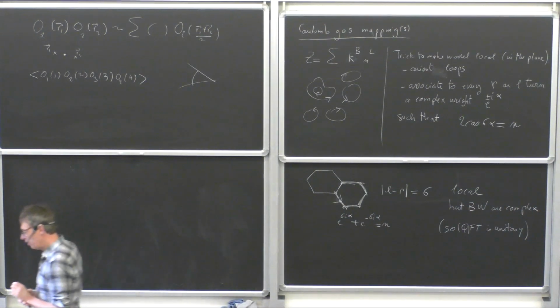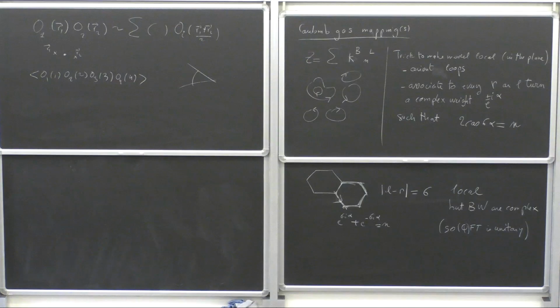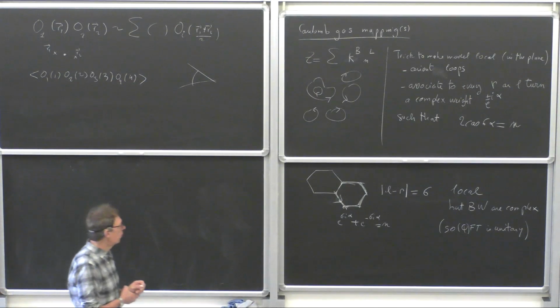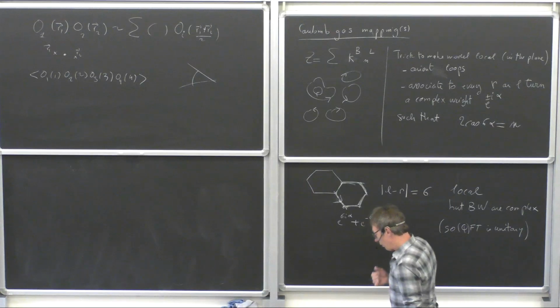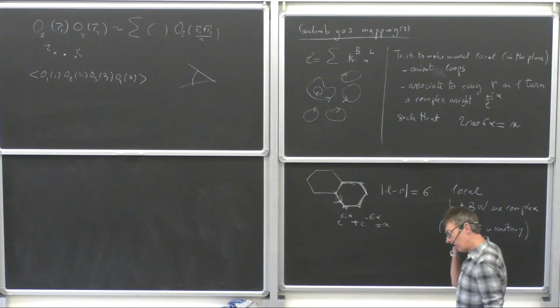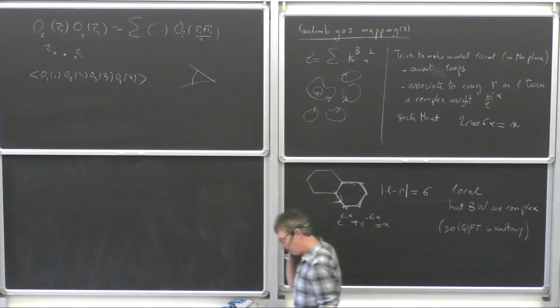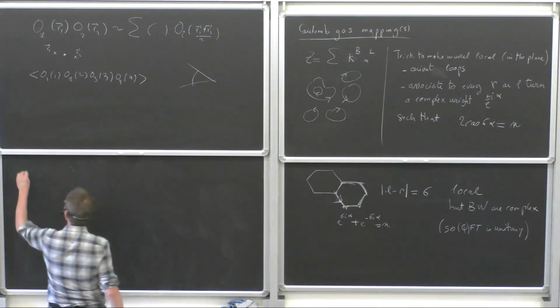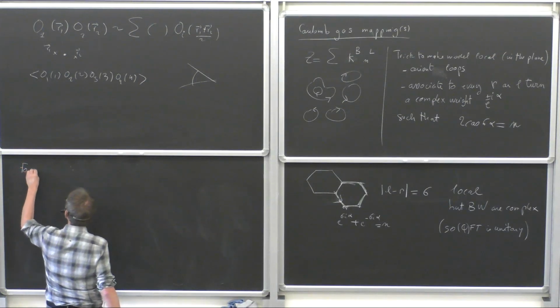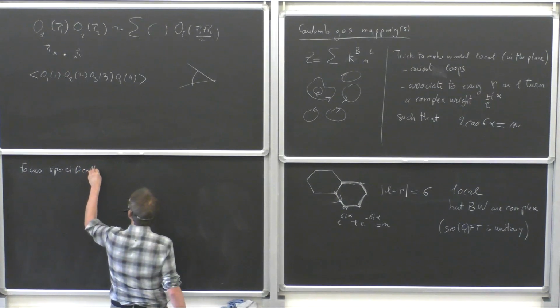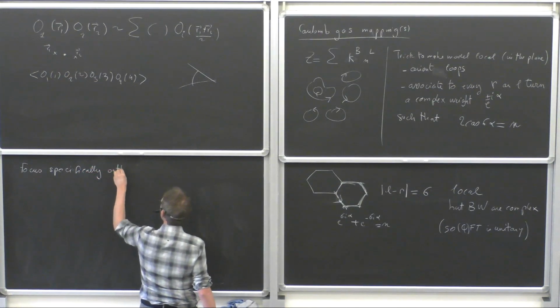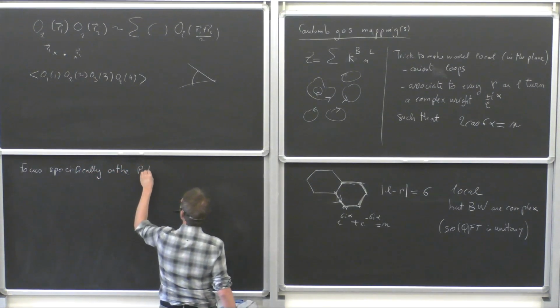Okay, so now let's focus specifically on the Potts model. Like I said, things depend a bit on the lattice, although the general conclusions do not. But I want to focus specifically on the case of the Potts model because it will allow me to make some smart remarks about the 6-vertex model.